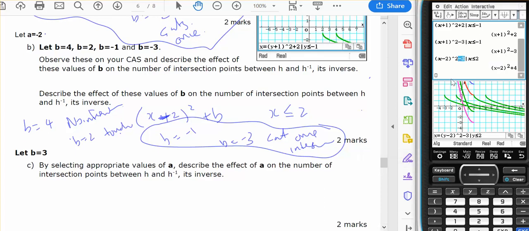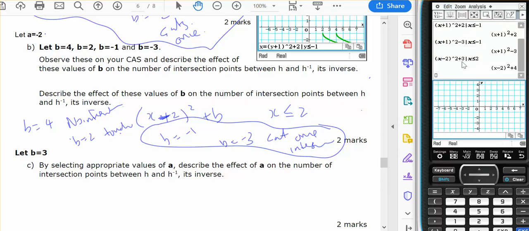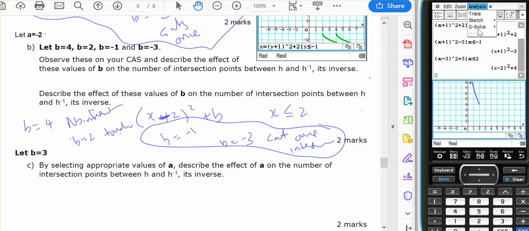So part C then says make b equal to 3 and change a. So that's going to be 3. And we might just clear all that up. Now I'm thinking that when a is equal to -3, that's when we're going to have our intersection that touches. Oh, didn't work.